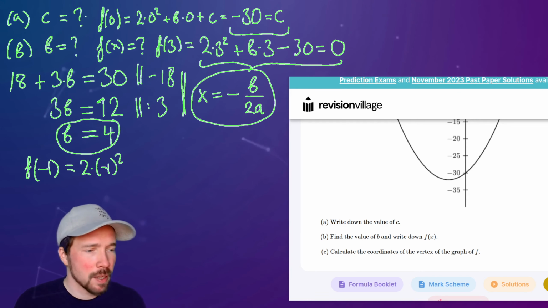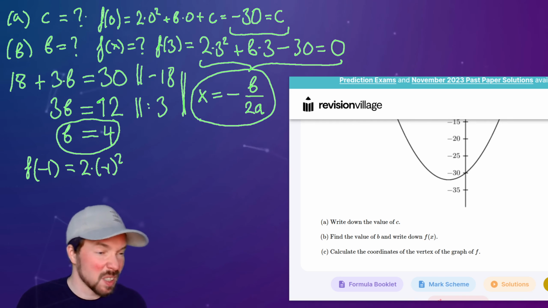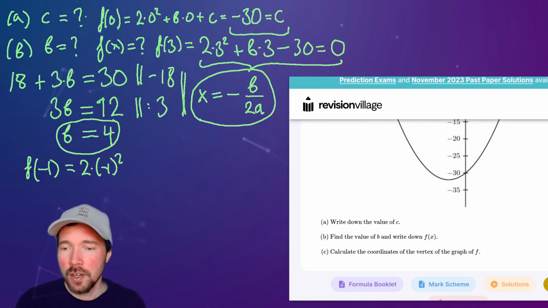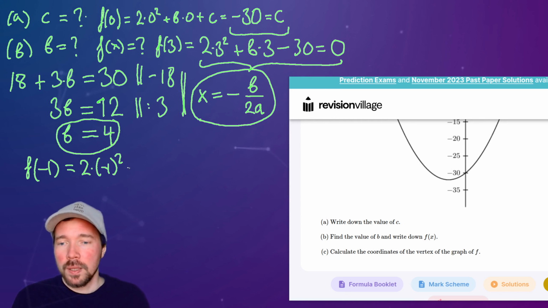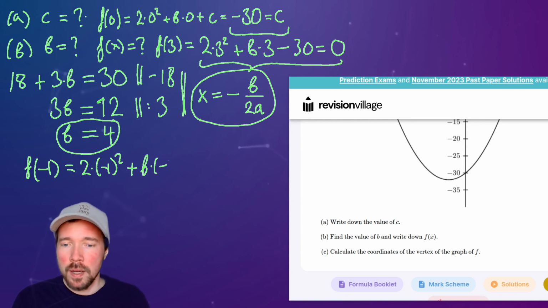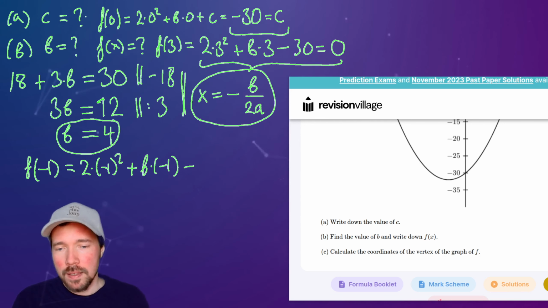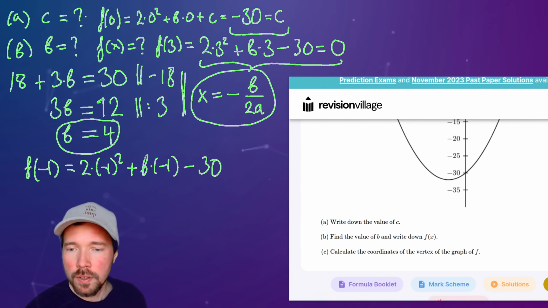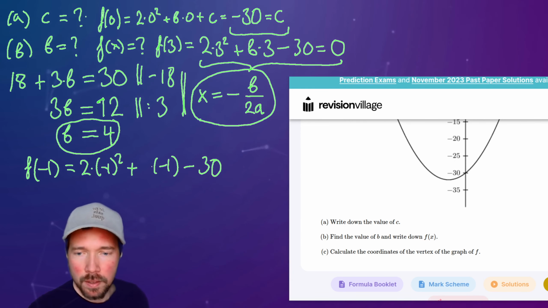We're supposed to get something close to -32 based on the picture. Plus b times -1 minus 30. I'm sorry, b we know already, that is 4, so let me put it in there.